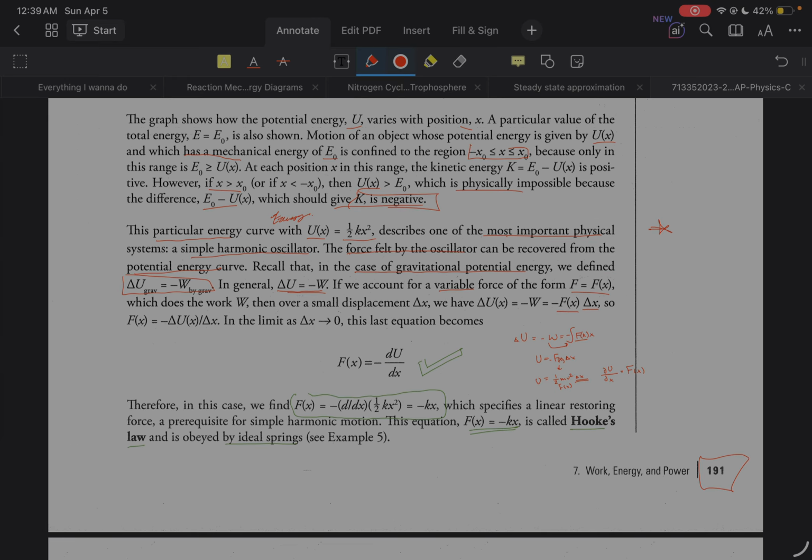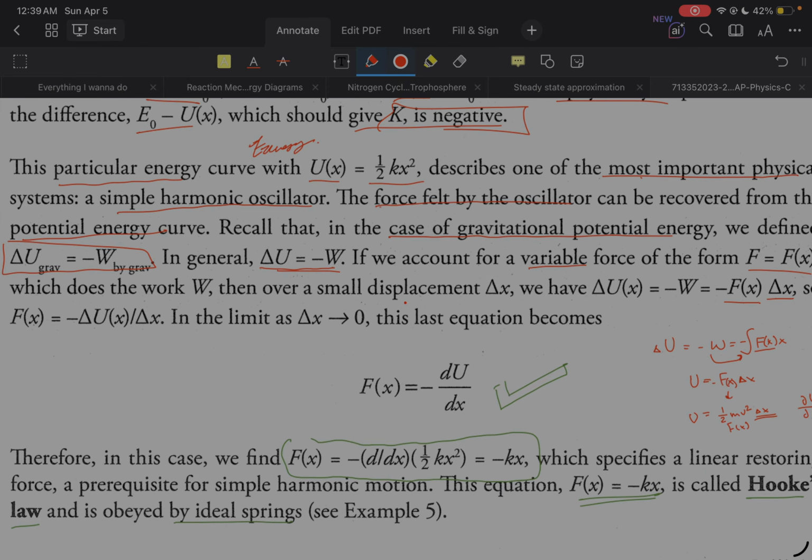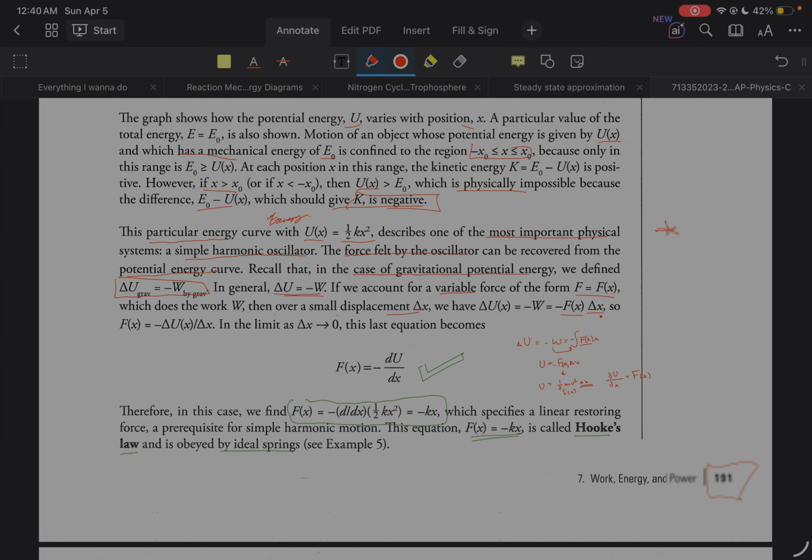That makes sense. And this is what we do over small displacement change of x, specifically as we take the limit.